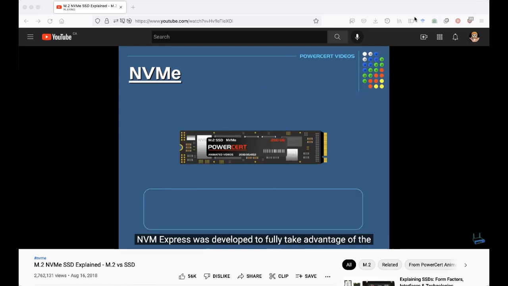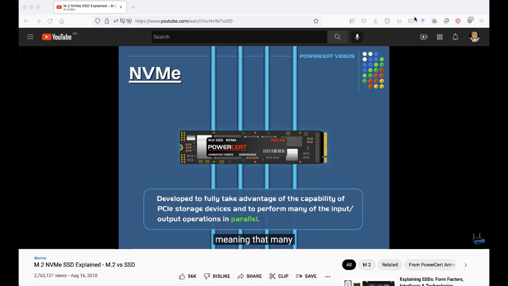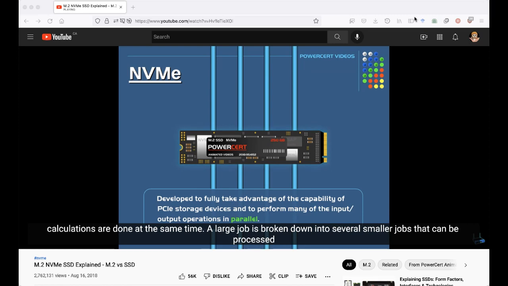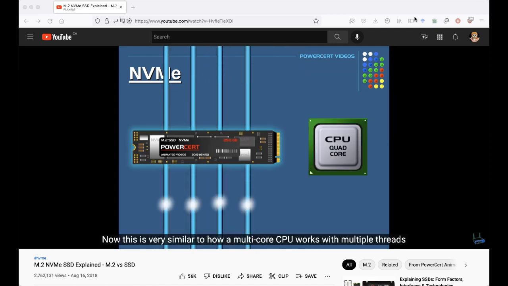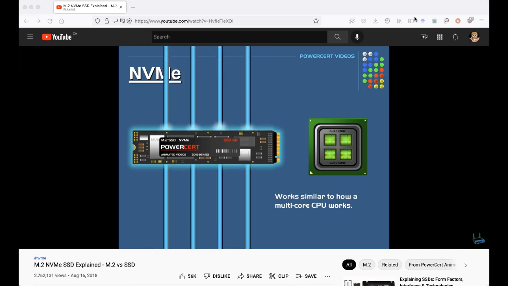NVM Express was developed to fully take advantage of the capability of PCI Express storage devices and to perform many of the input-output operations in parallel, meaning that many calculations are done at the same time. A large job is broken down into several smaller jobs that can be processed independently. Now, this is very similar to how a multi-core CPU works with multiple threads, where the CPU cores work independently of each other to perform certain tasks.